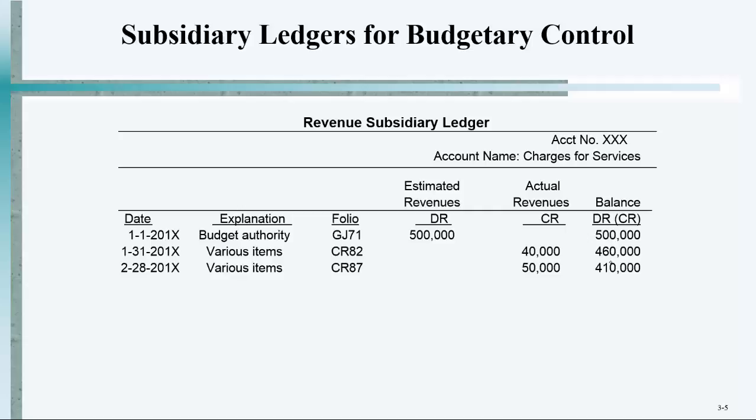They debit estimated revenue for 2 trillion and they credit appropriation for 3 trillion. Do we need a debit or a credit to make this journal entry balance?